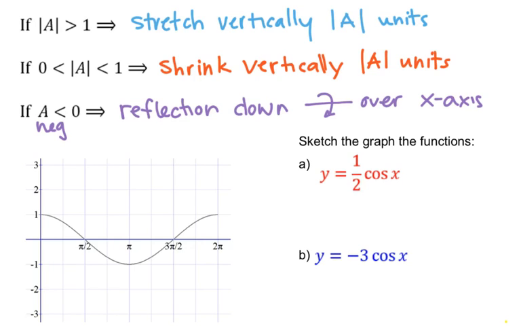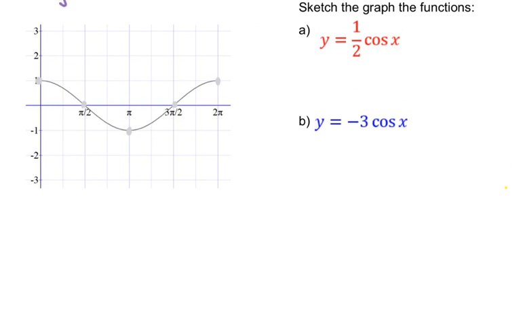So, for example A, we're going to look at 1/2 times the cosine of x. So here's my standard cosine x graph. And we have 1, 2, 3, 4, 5 key points on cosine. So I'm going to list these a little bit differently in this video.